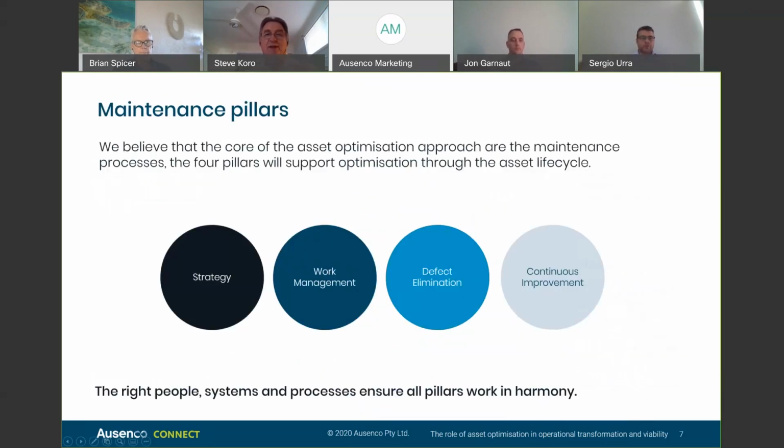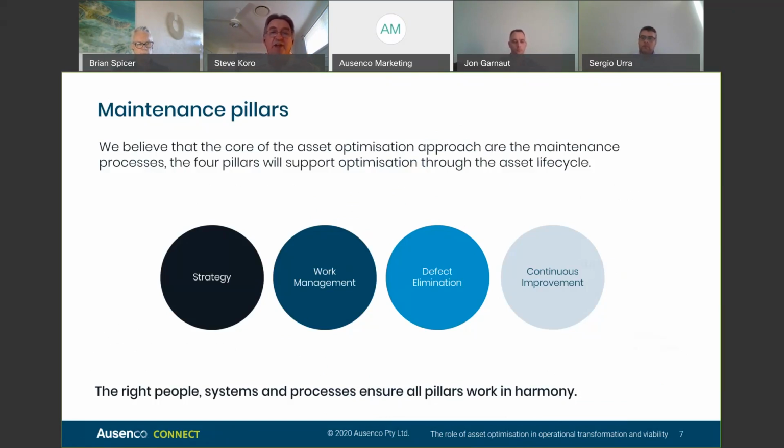So the next slide talks about the maintenance pillars. The four key pillars that we relate to maintenance, and this has been previously depicted using the plan, do, check, act type diagram, but I'll talk about each pillar. So the maintenance pillars for continuous improvement. The first one, strategy.